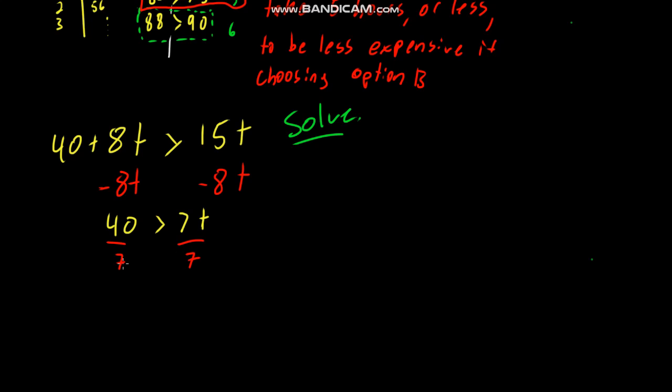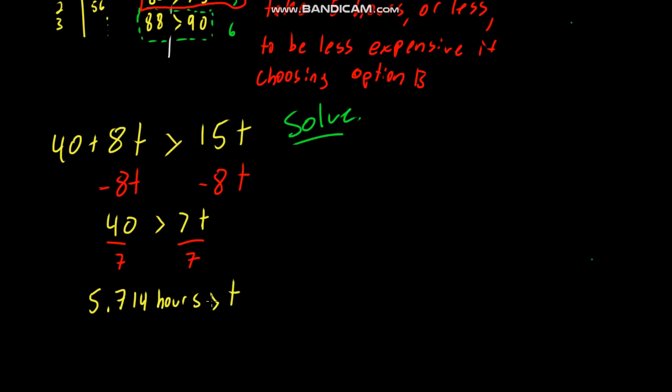Divide by 7. Now I'm going to need a calculator for this one, so I'm going to take 40 and divide it by 7, and I'll get 5.7, and I'll go for 3 decimal places: 5.714 hours is greater than t.